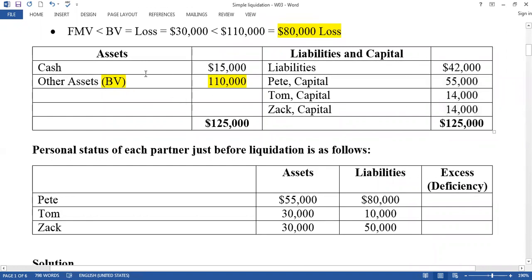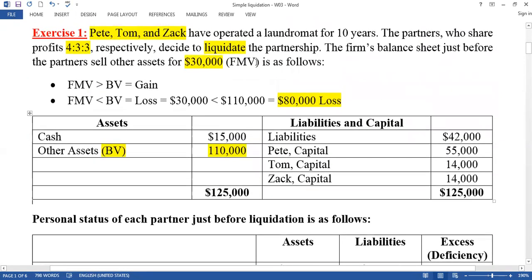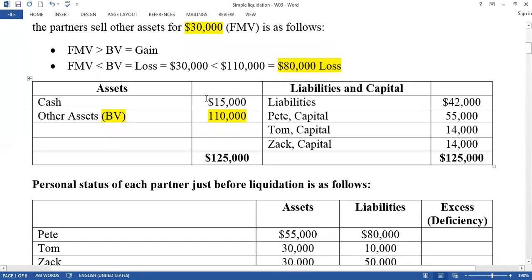So this is the balance sheet before selling, before liquidation. Cash $15,000, non-cash $110,000. They have liabilities $42,000. This is the liabilities, and this is their capital balances at this moment, and this is the total liabilities and equity.